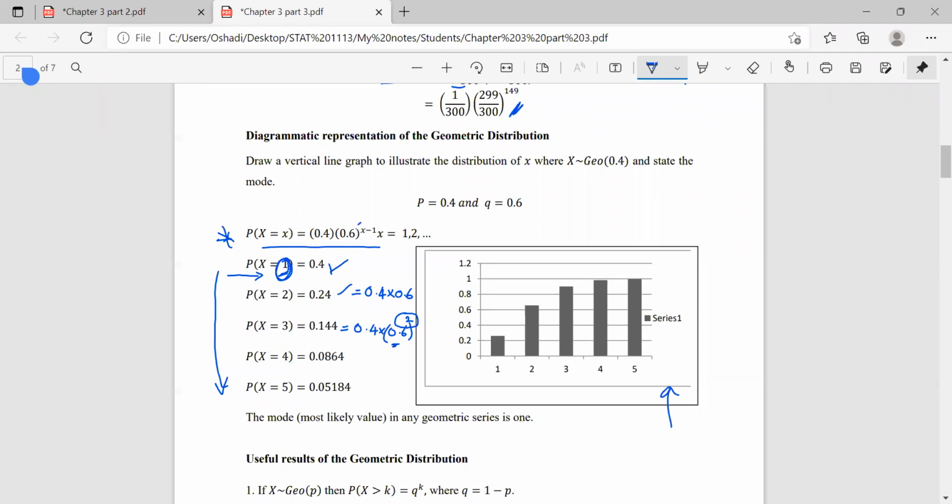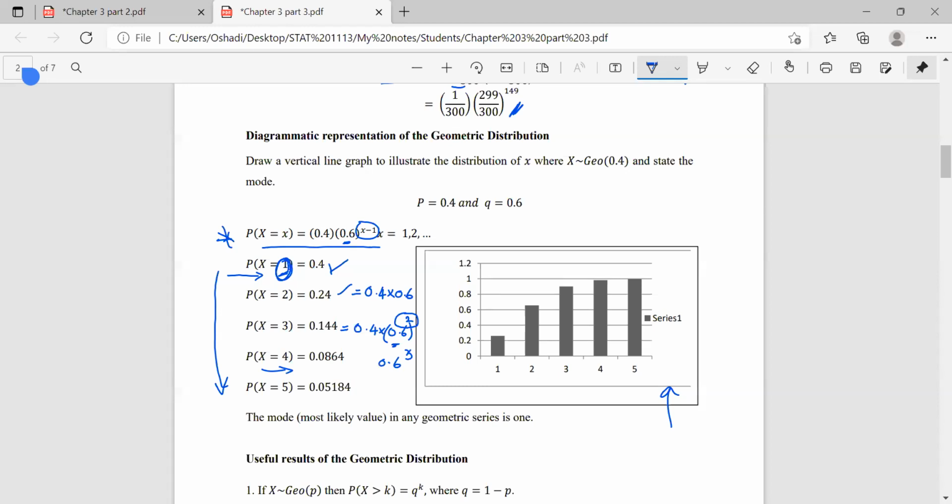We know that the probability of failure is always a number less than 1. So a power of a number less than 1 always becomes smaller as the power increases. So when x equals 4, it is 0.6 to the power 3, which is a lesser value than 0.6 to the power 2.